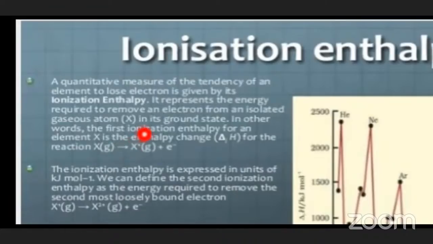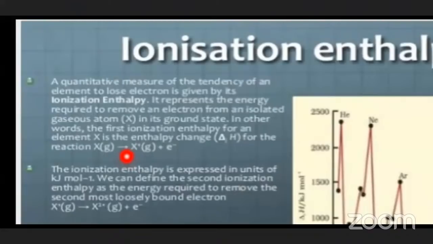That is X plus cation, which is in gaseous state, and the electron which is removed, that we are going to write as plus e minus. Okay, so this is called IP1 or IPE1. Why? Because ionization potential energy 1. We have removed only one electron. That's why it can be called IP1.